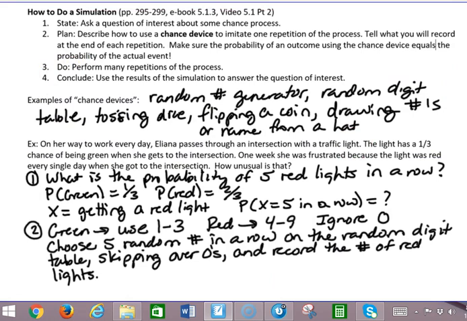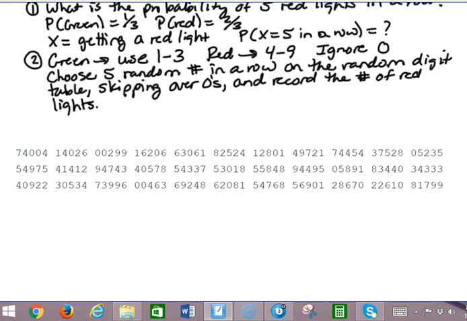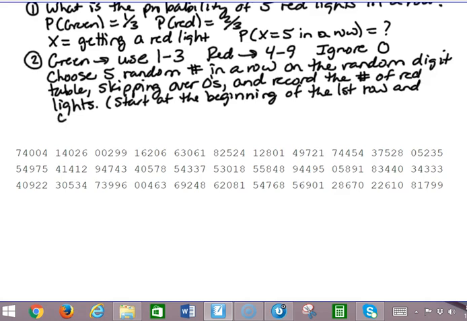So number 3 is I'm going to do the process now. I'm just going to start at the beginning of the first row, and continue until I run out of numbers.